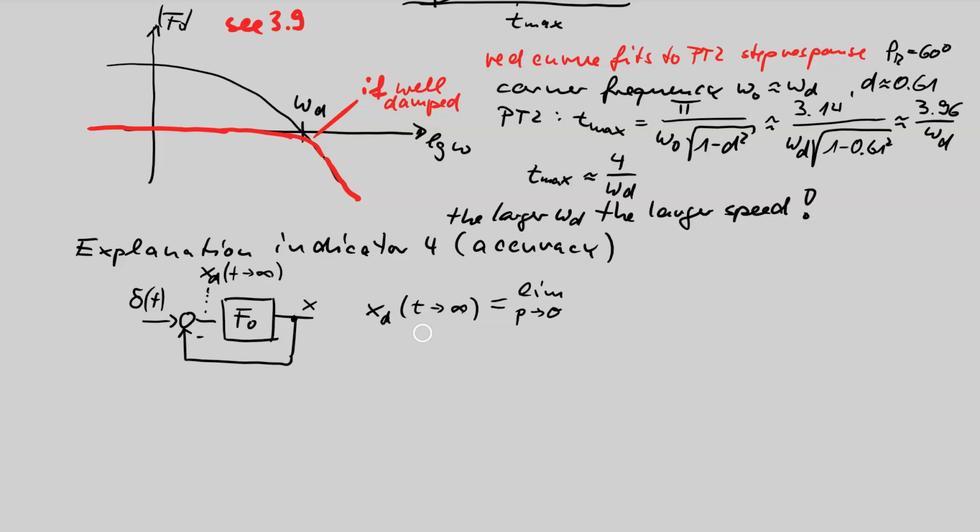We now use the final value theorem of Laplace transformation, which can be written as the limit of the time function x(t) for large times is the limit of the frequency function p times x_d(p) if p goes to 0.